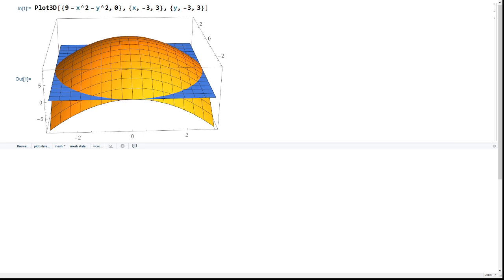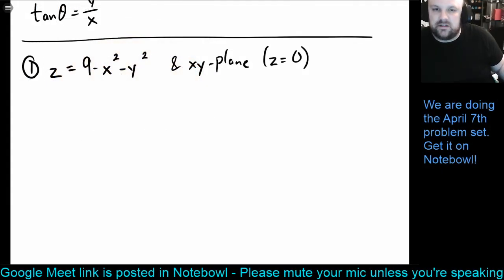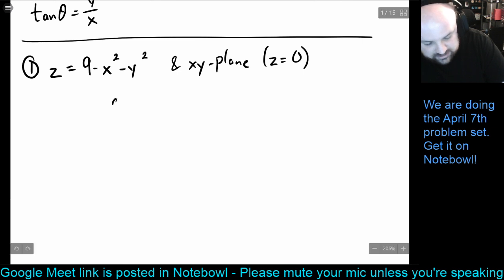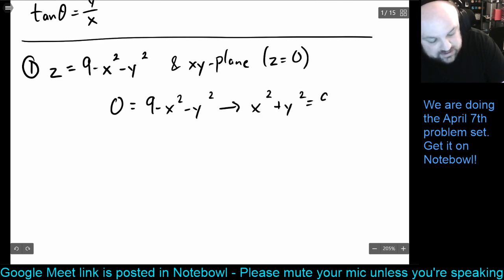Now back to this. If we want to figure out what that circle of intersection is, we can just set these equal to each other. So plug in z equals 0 here. And we get x squared plus y squared equals 9.